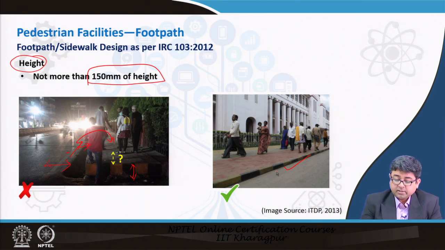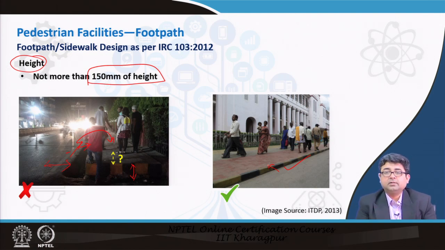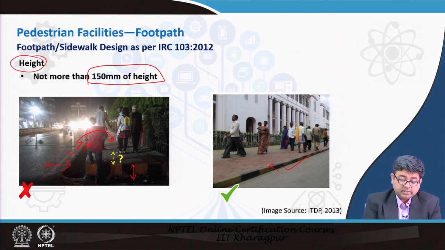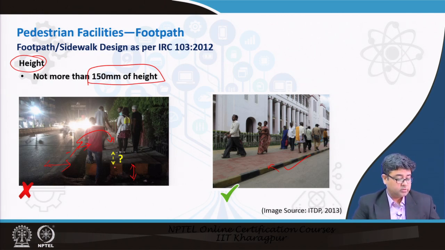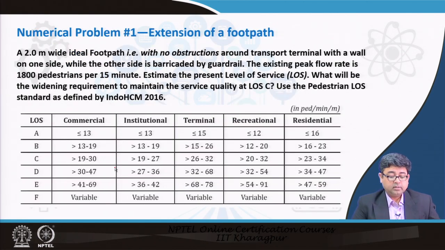If it is a lower footpath, the chance of toppling of vehicles is less, and that is why this is a much safer sidewalk height to have. The other design issues we will get to in a minute.